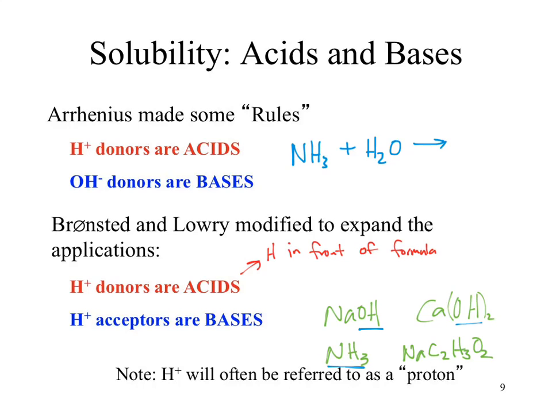So for those of you that know the answer, what do we get? Where's the OH? It came from the reaction with water. We are generating OH minus in this reaction. It's hidden. It's buried. Okay?